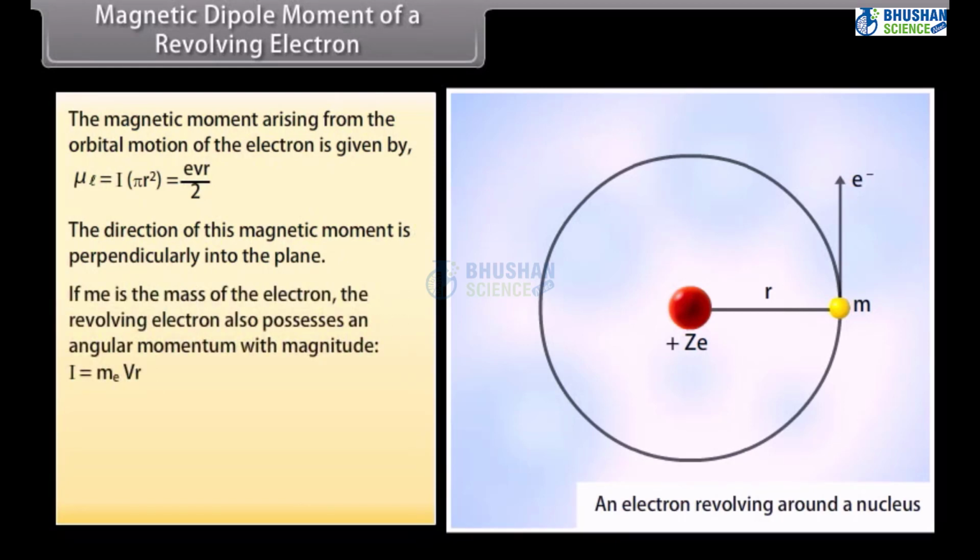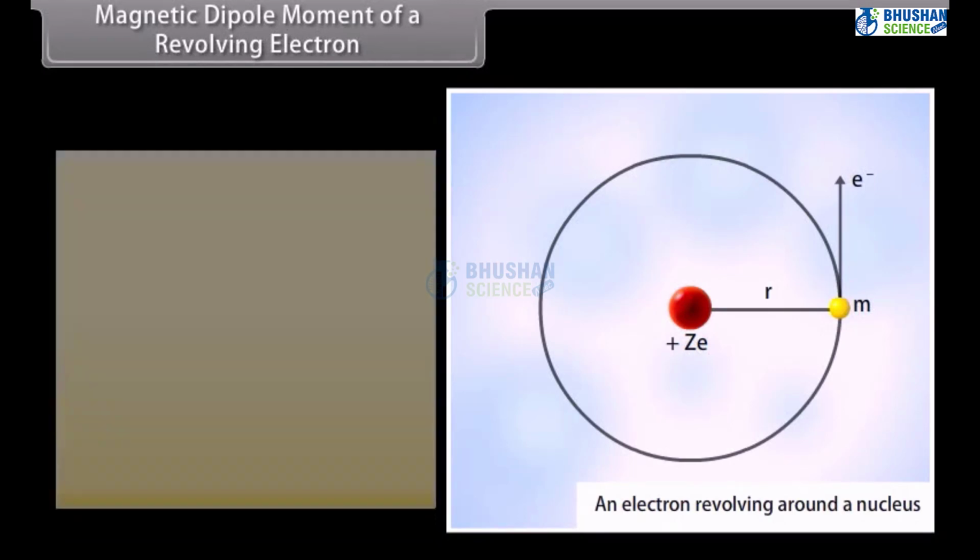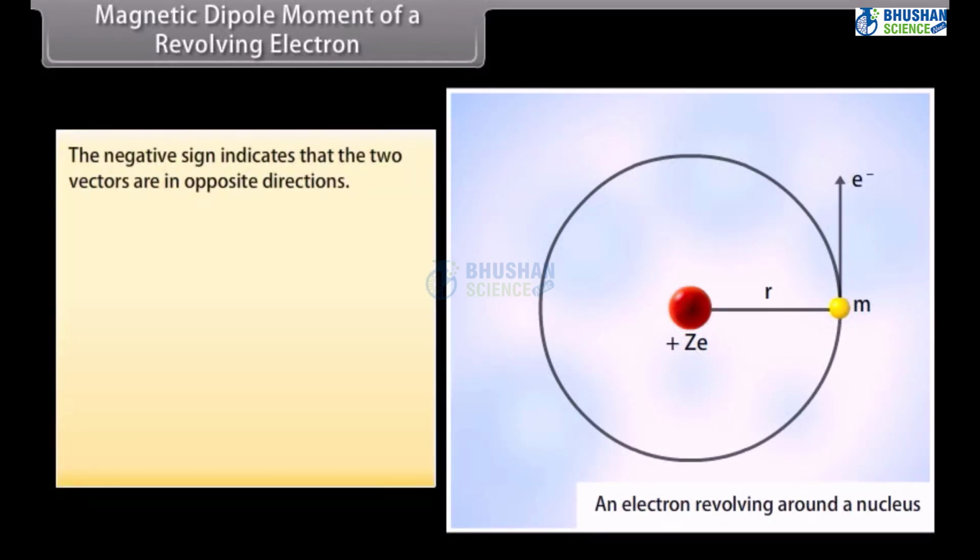If me is the mass of the electron, the revolving electron also possesses an angular momentum with magnitude l is equal to me v r. From the above two equations, we get the result mu L is equal to minus e upon 2 me multiplied by L. The negative sign indicates that the two vectors are in opposite directions.